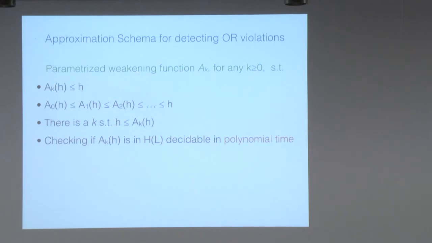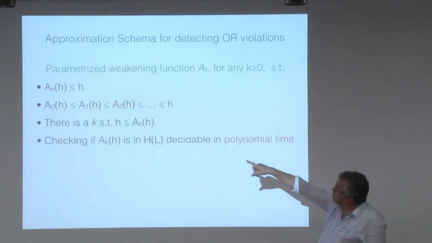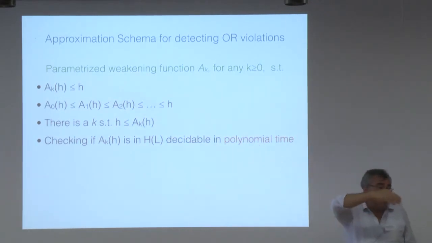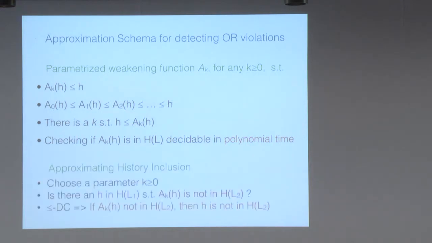And what we want, a natural requirement, is that this schema is more and more precise, and everything is less precise than H. And you can capture H with this schema. Also important is that checking that one of these approximations is in the history of some library should be done in polynomial time. So that's the objective, okay?